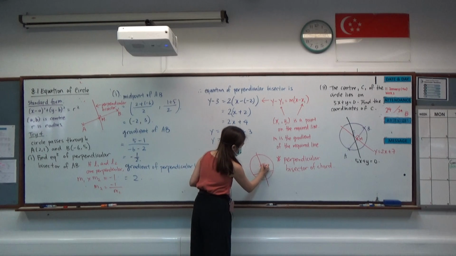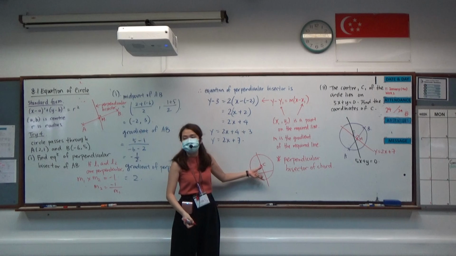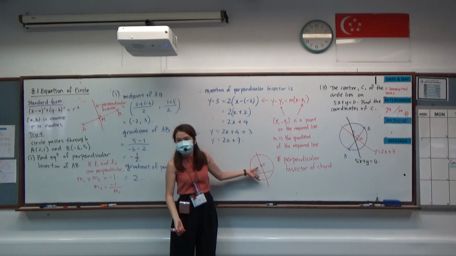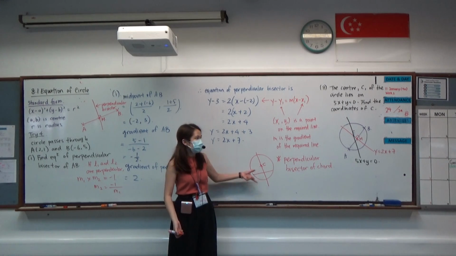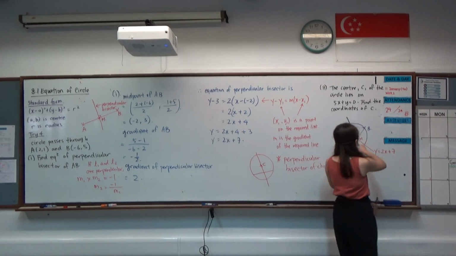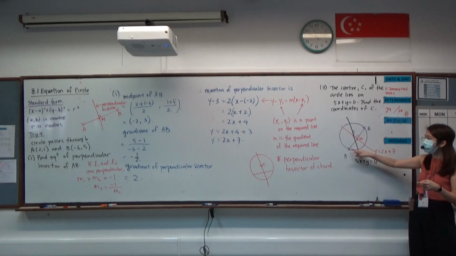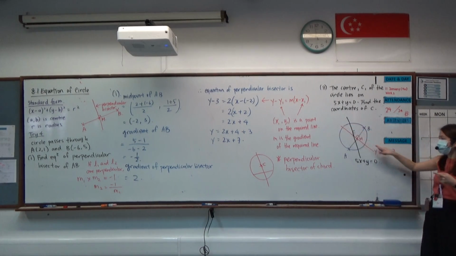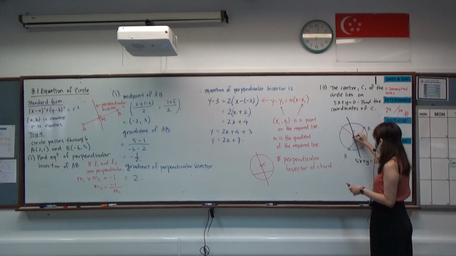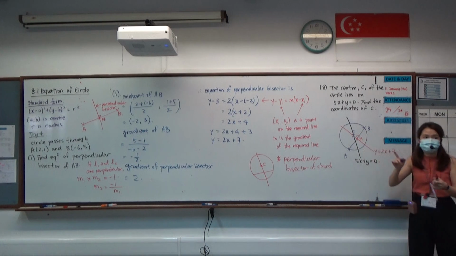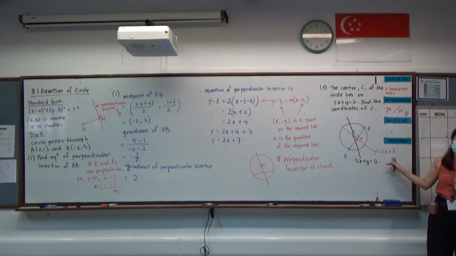Usually, when we see it in E-maths, we see it as a radius. So this is an important property to tell us that as long as we have any chord, any line that passes through 2 points in the circle itself, and I have the perpendicular bisector, it must pass through the center. That's the reason why I'm so confident in locating the center to be on the perpendicular bisector.